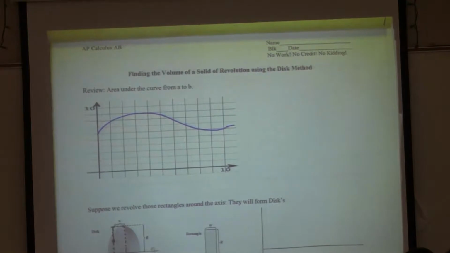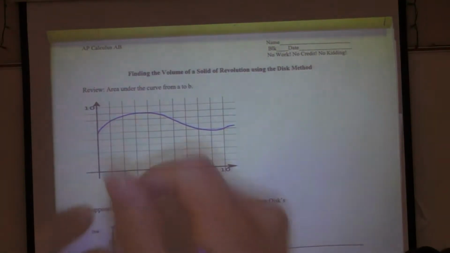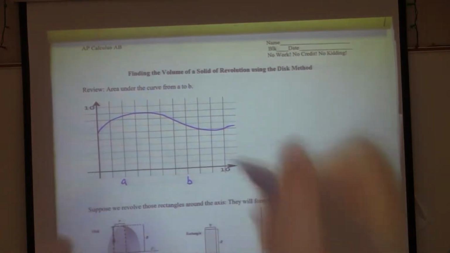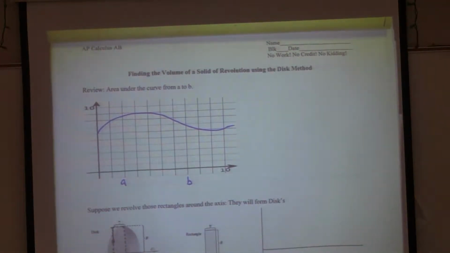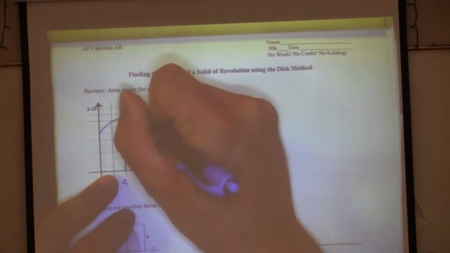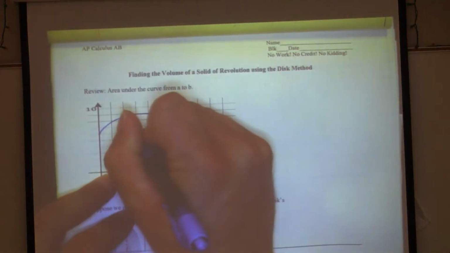Okay? And I wanted to approximate the area under that curve from here, which was A, to here, which is B. And I wanted to do it using a left-handed Riemann sum. Yes? So we would draw rectangles, and we would use the left-hand side to figure out the height of that rectangle.